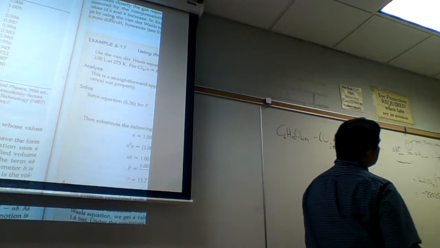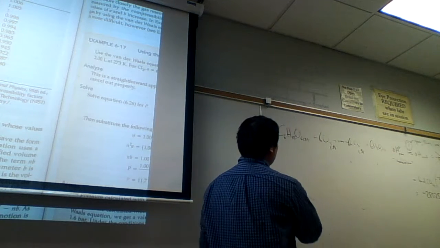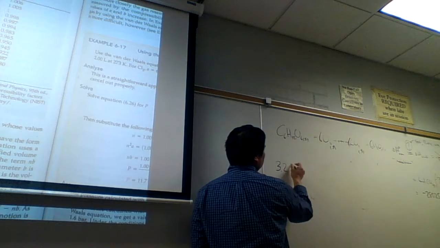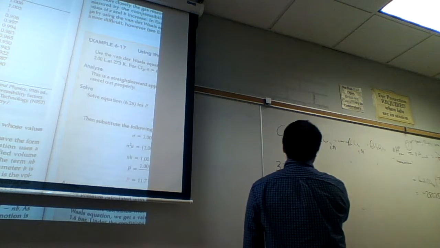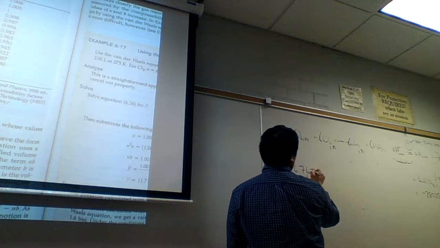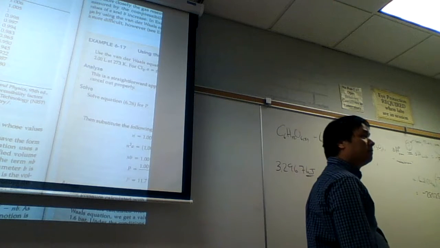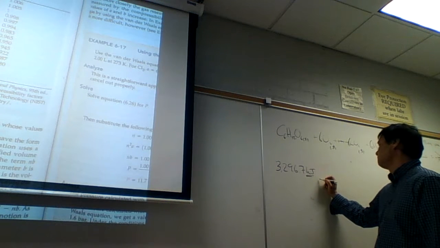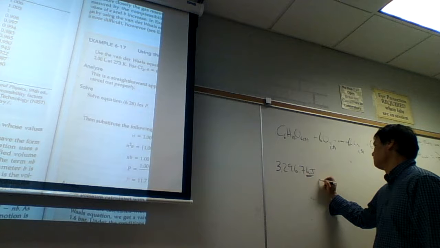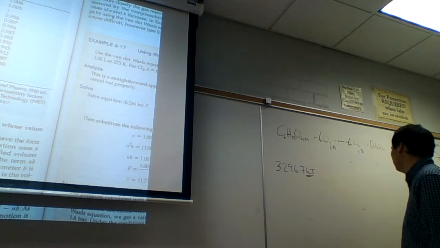The dimensional analysis problem is, what am I given? I'm given I need 3,296.7 kilojoules of energy to climb this mountain. And so this is required. Where's this energy going to come from?